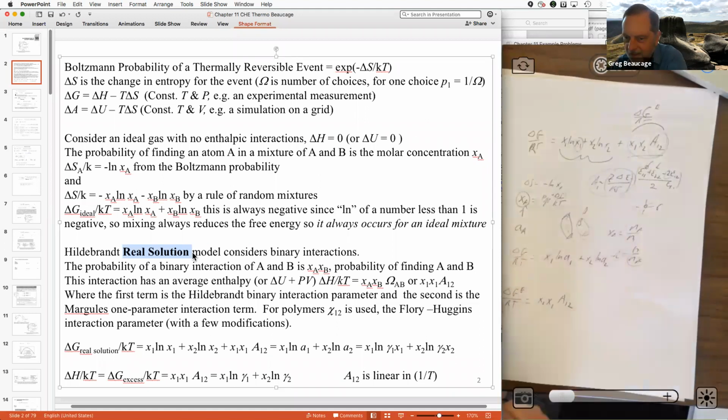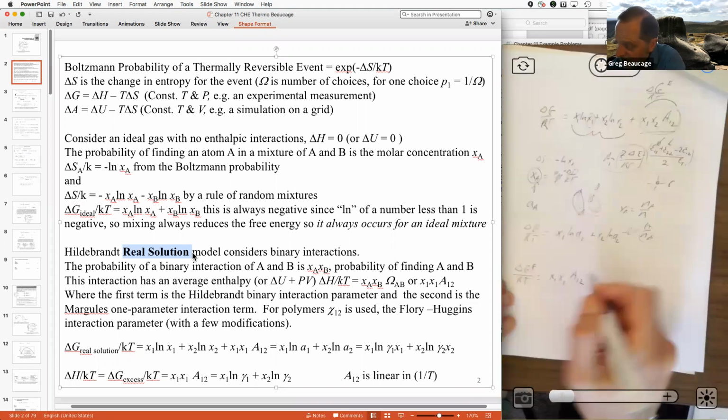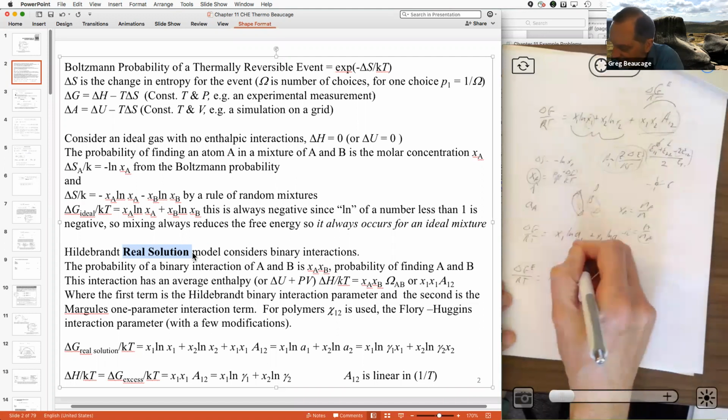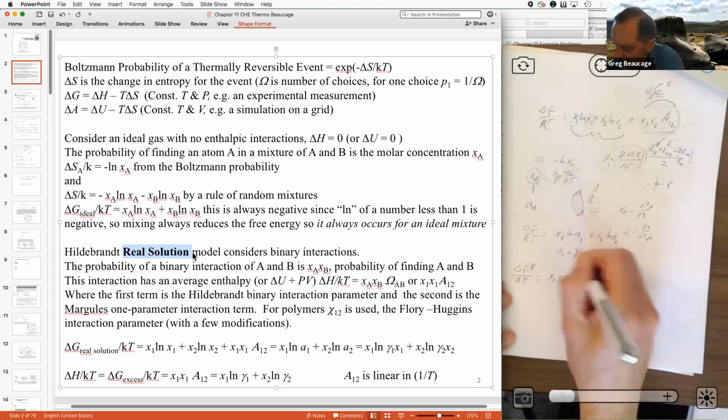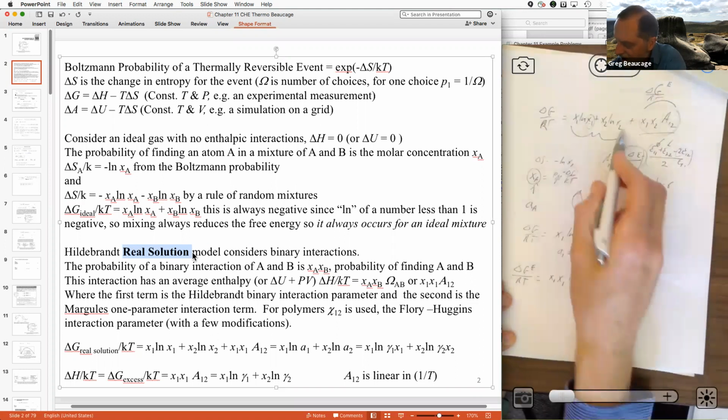That's the excess free energy of mixing. And you'd want to break up a1 too. You could say a1 is an activity coefficient times X1, so I can still base it on my original model, and then I just have this activity coefficient.